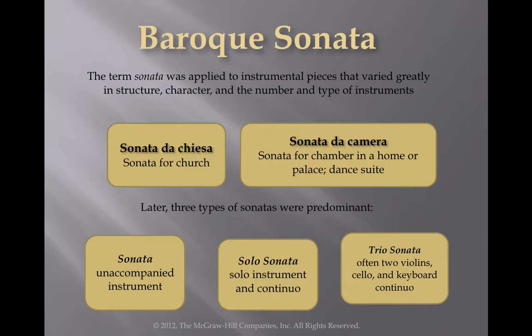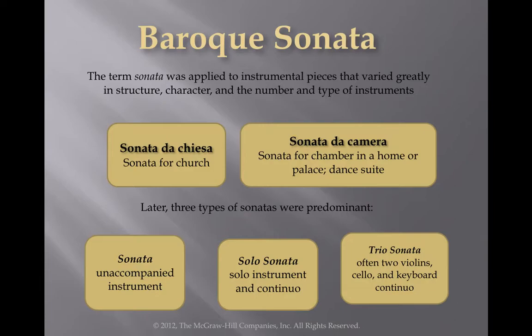Later in the Baroque period, there were three types of sonatas that were generally classified. One being the solo sonata, which just meant it was an unaccompanied instrument just by itself.